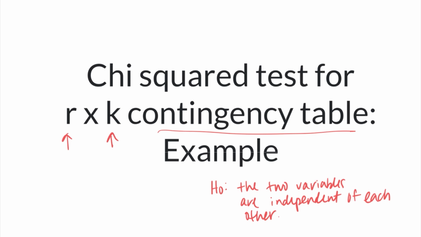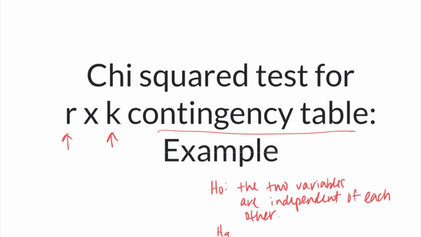We have other ways of thinking about the null hypothesis that are kind of more complicated, involving compound null hypotheses, but for the purposes of this problem, we're just going to think about the null hypothesis being that the two variables, the one that you see in the columns and the one that you see in the rows, are independent of each other.